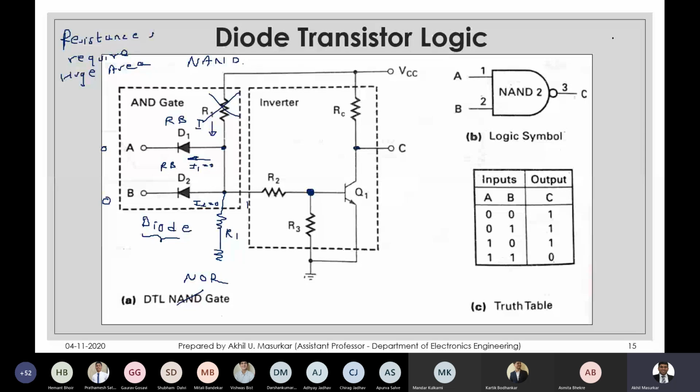So that should give us a NOR, and of course the NOR table is, as you know, that's how it is.